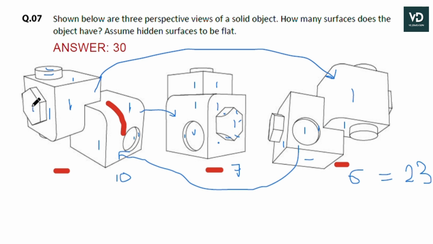Okay, so 1 2 3 4 5 6. This is counted as a 6 and this surface is counted as a 1. So the total answer will be 30 here.